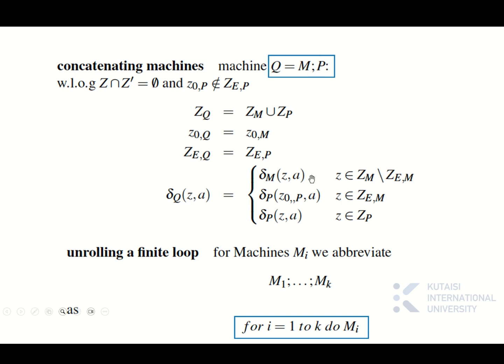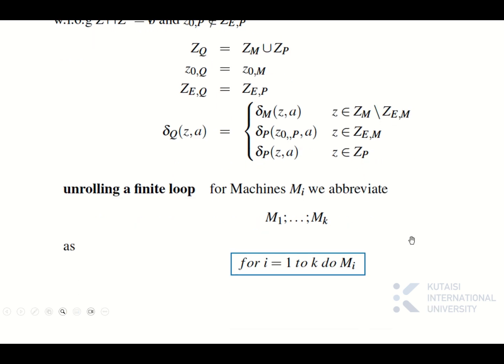And of course, you can do it for as many machines as you like. Now pay close attention. Let's say I'm doing machine M1, I concatenate with M2, M3, then M4, M5, and up to MK. I call this machine: for I goes from 1 to K, do MI.